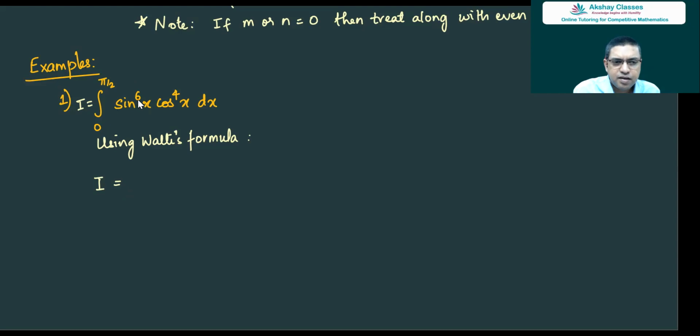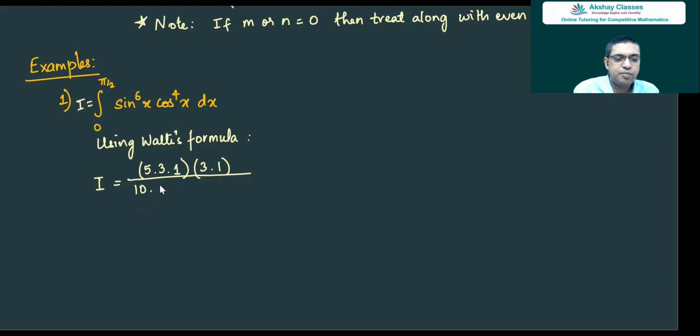So take m as 6. So 6 minus 1 is 5. Then you get 5, and the alternate number after 5 decreasing is 3, then 1. And here n is 4, so you get 3 and then the alternate number 1, divided by 6 plus 4, which is 10.